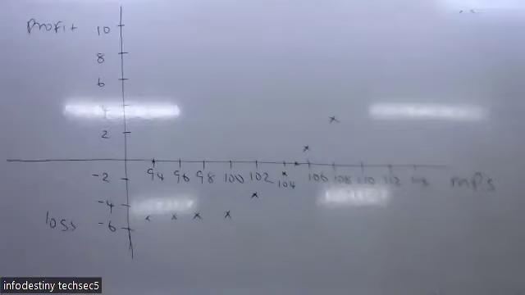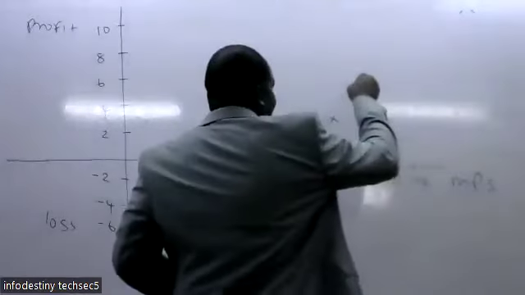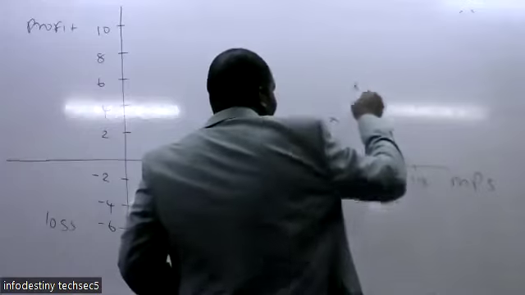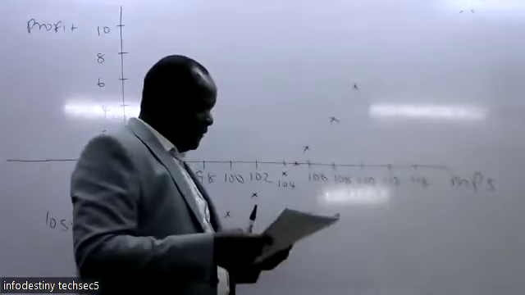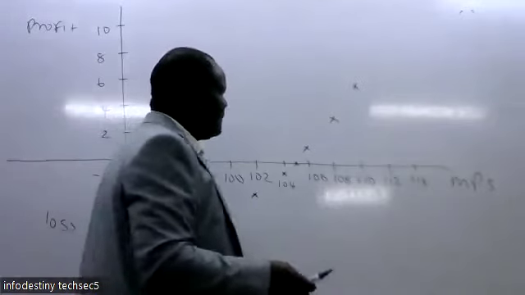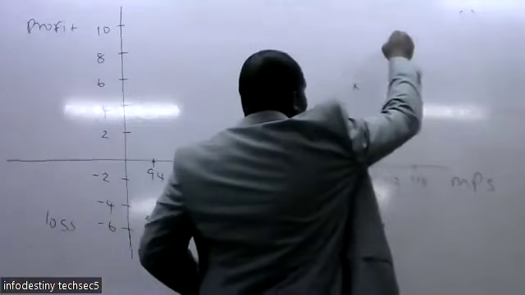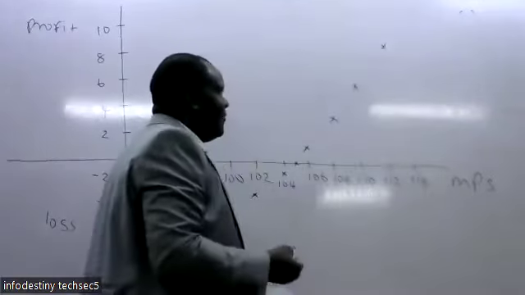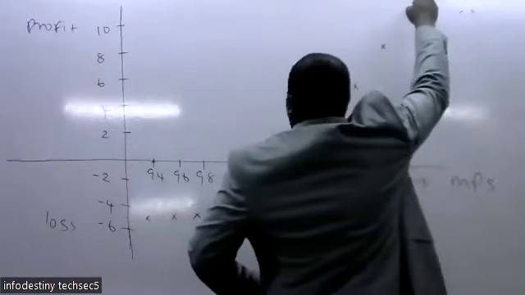Then 110. 110 is 5. How about 112? 112 is 7. Then 114 is what gave us 9.